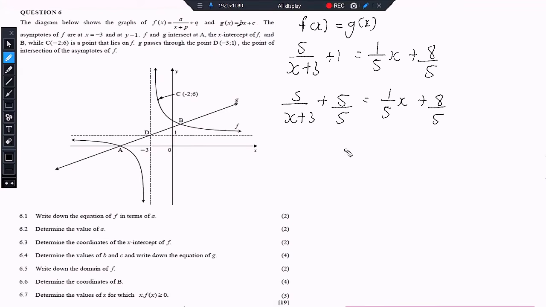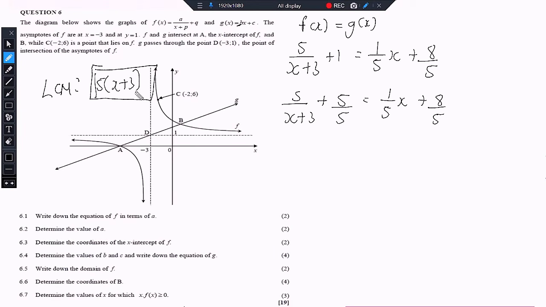Now at this point, we can see that we have 5, 5, 5, and then this x plus 3, so our lowest common multiple should be 5 bracket x plus 3, right? So this will be our LCM. If this is our LCM, we understand what needs to be done. Remember, in the denominator, we divide first, and then when we go to the numerator, we multiply.